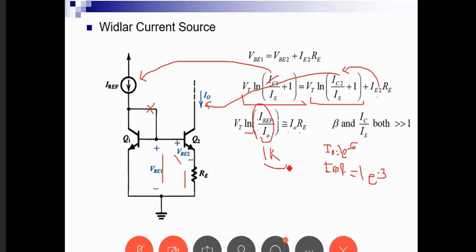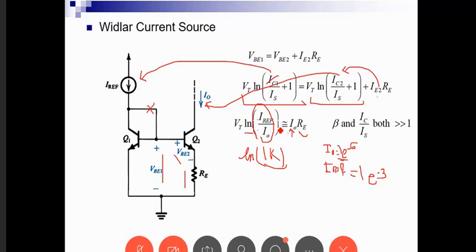The ln of the 1K is a small number, and therefore I can now afford to have a small resistor to satisfy this quantity, because we are requiring ln of 1K. Even though this number is multiplied by 1E minus 6, I can now have RE to be small because the logarithmic number is a small number. Okay, so this allows me to establish small IO currents because of the logarithm that reduces the ratio.